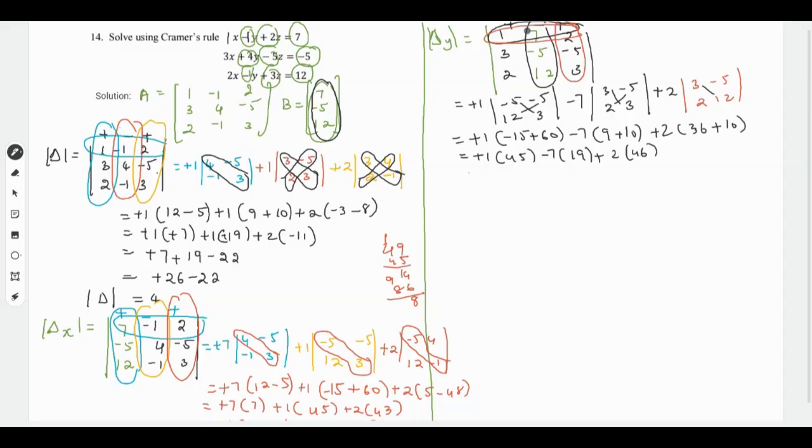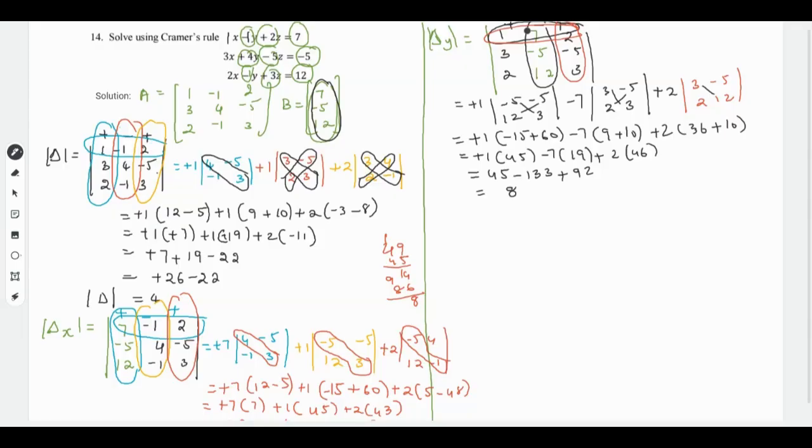So yeah, 45 minus 133 plus 92. So if you simplify this, we get 8.